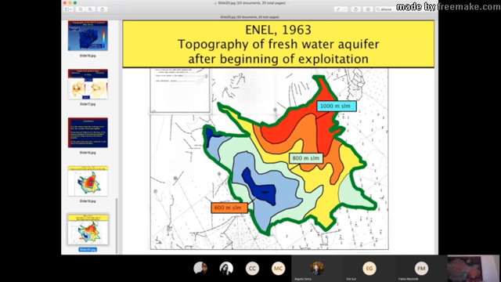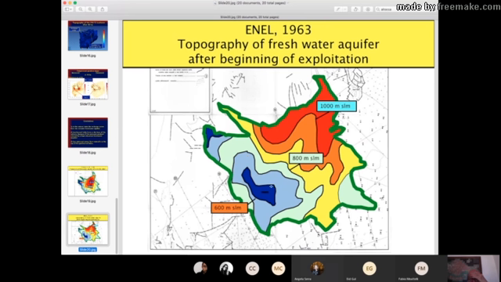Where you had here the water table at about 1,000 meters, the water table dropped about 400 meters to a minimum of 600 meters above sea level. And as you can see, it created sort of a hole in the water table, a depression in the water table.